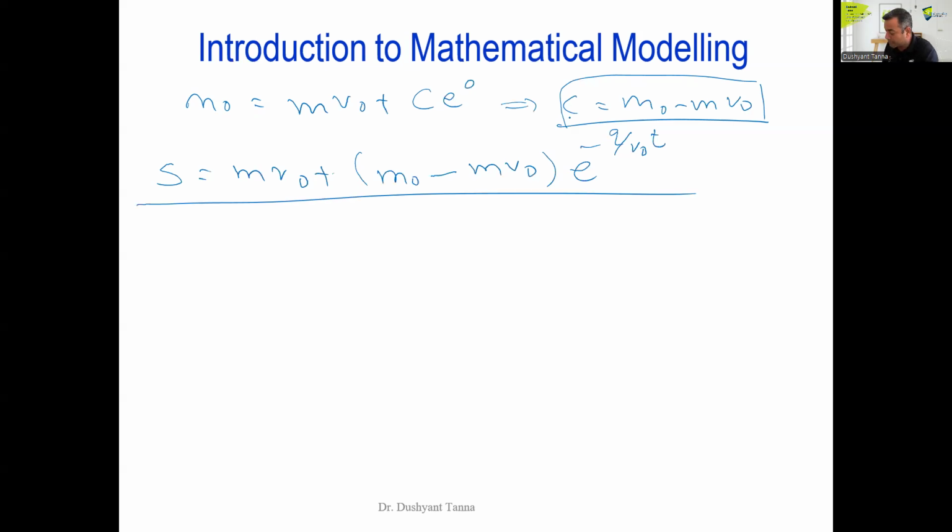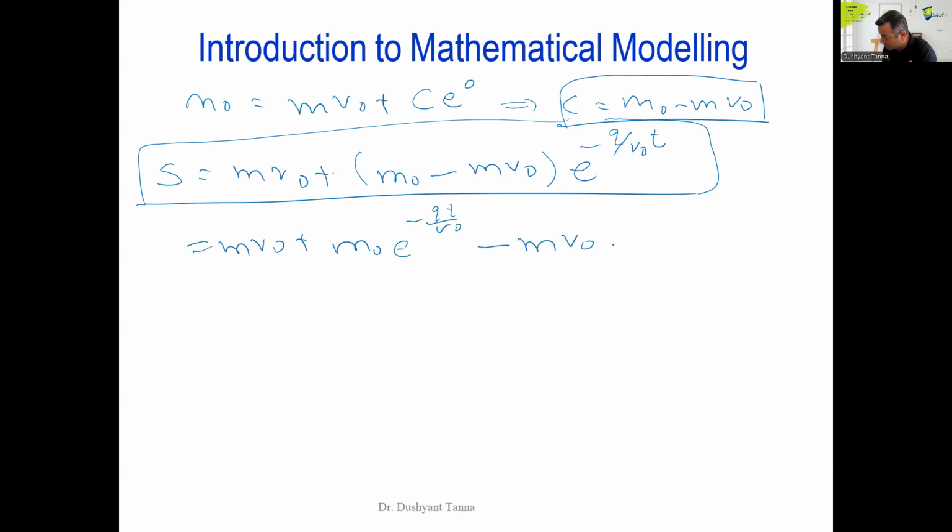That is your s. Now, if you want to simplify that a bit, combining your m0 and m and all that, we simplify m v0, m0 e raised to minus qt over v0, minus m v0 e raised to minus qt over v0, and then we combine this m v0 term.